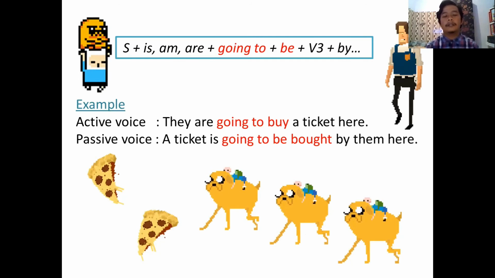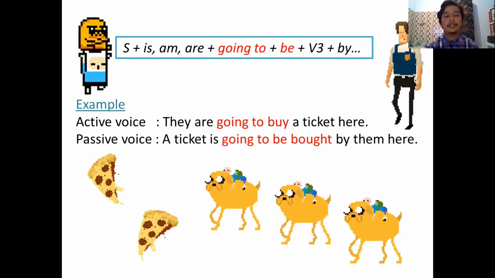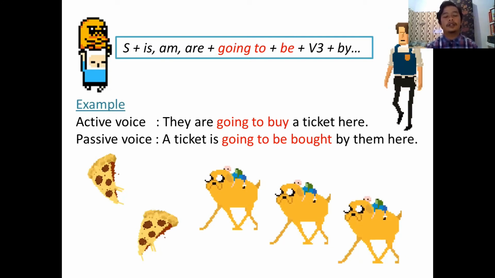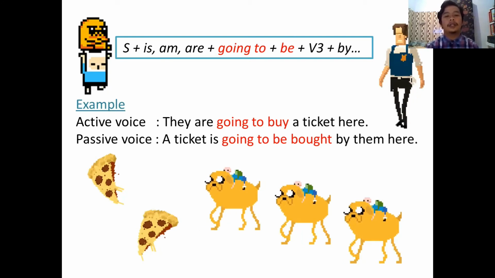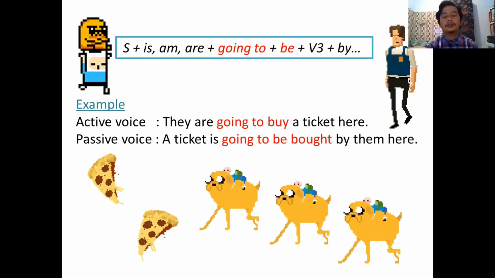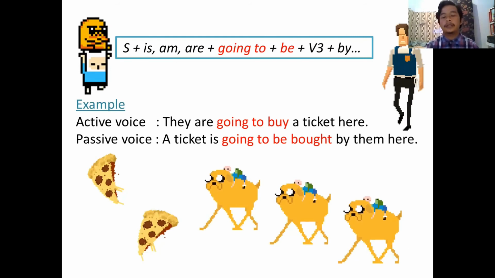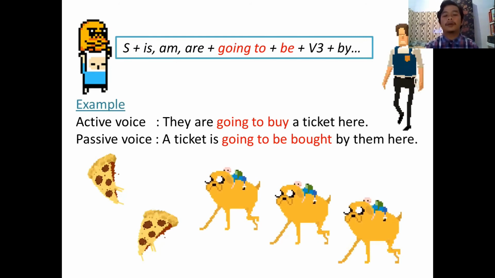Oke, jadi perubahannya sangat signifikan ya dari active voice ke passive voice. Dari going to be yang pasti terlihat jelas itu dari verb 3-nya, dari buy menjadi bought.